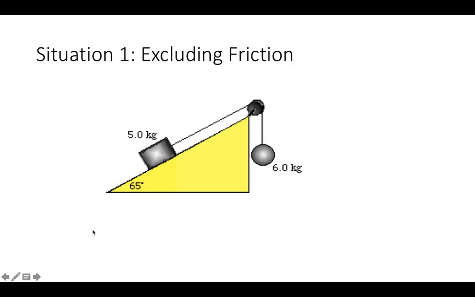Step two, we're going to calculate the net force acting on the system as a whole. So the sum of the forces. I should go back and show this really quickly.